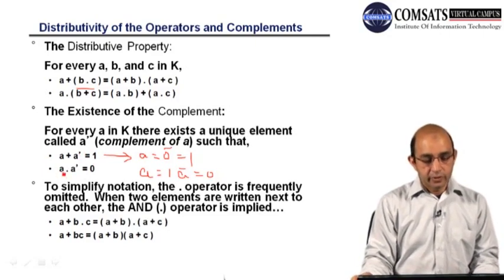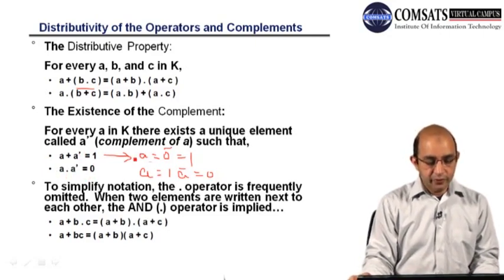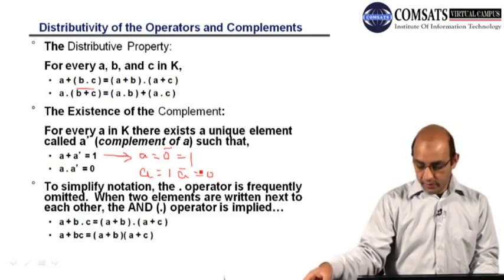Similarly, if you try to solve this, if we have A equal to 0, so 0 dot 1 is 0, right? Or if you take A as 1, 1 dot 0 is equal to 0. So these are also very important identities, right?